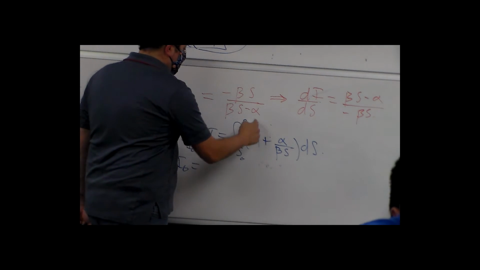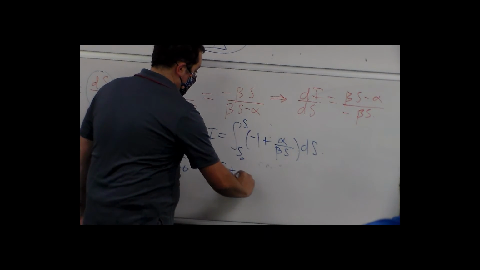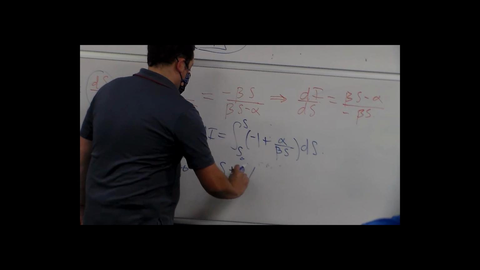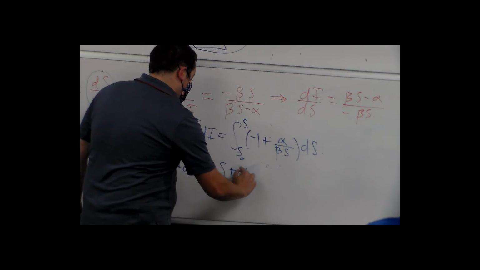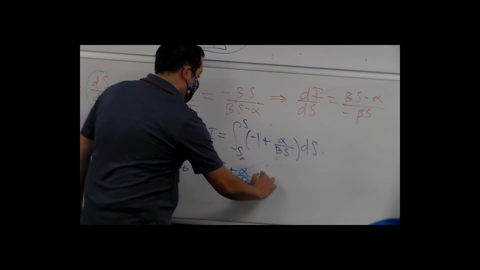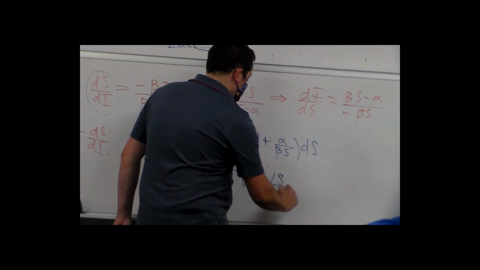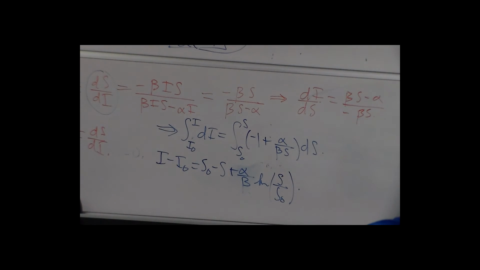So that's going to be s naught minus s, and then plus alpha over beta log of s over s naught. Let me not mess that up too bad. It's okay, I skipped a bunch of steps. Properties of logs too. You should have a difference of logs, I just put them together. Okay?